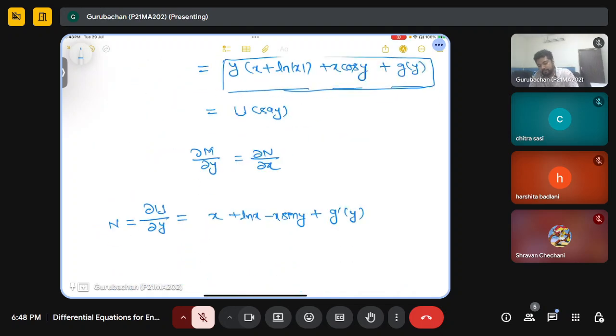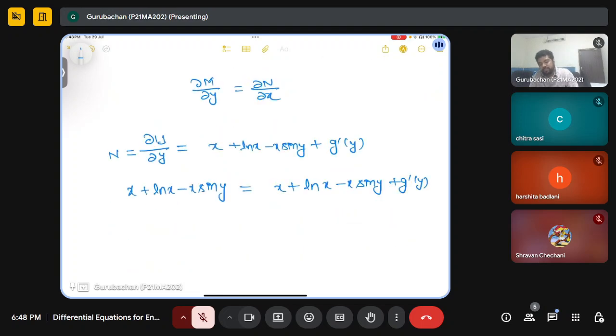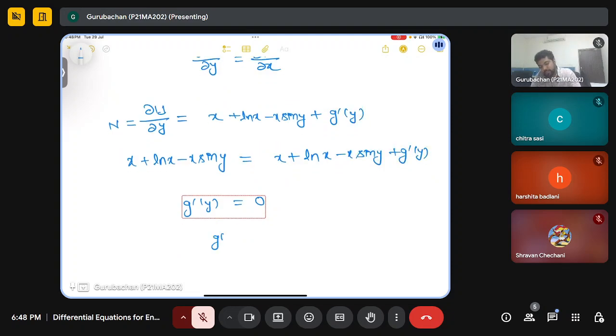So put here x plus ln x minus x sin y, and on the right-hand side this is x plus ln x minus x sin y plus g dash of y. Now from here it is very clear that g dash of y is equal to 0. Since g dash of y is equal to 0, then g of y will be a constant. Can I say this?